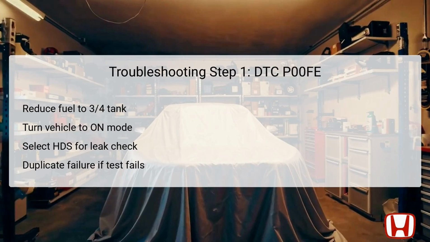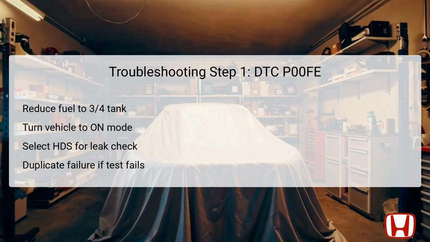For the first troubleshooting step, addressing DTC P00FE, the initial action involves reducing the fuel level in the tank to 3/4 or less of its total capacity. This action is essential as it allows the EVAP system to be adequately tested without overwhelming it with fuel. Once this is completed, the vehicle's ignition is turned to the on mode to activate the electronic systems without starting the engine.